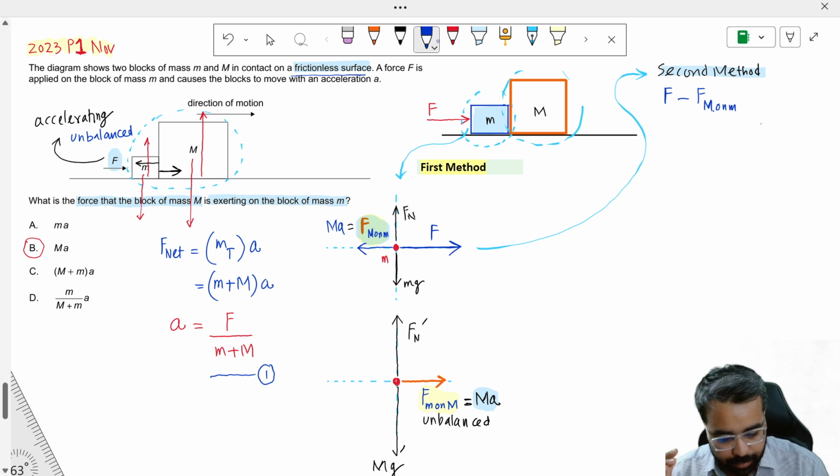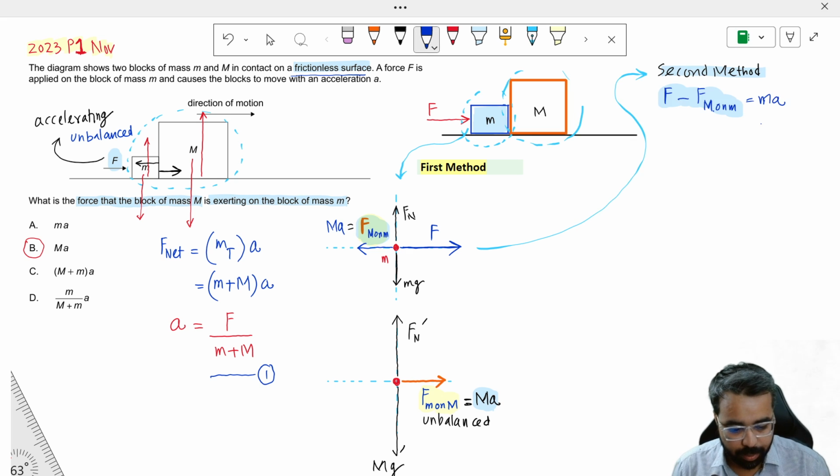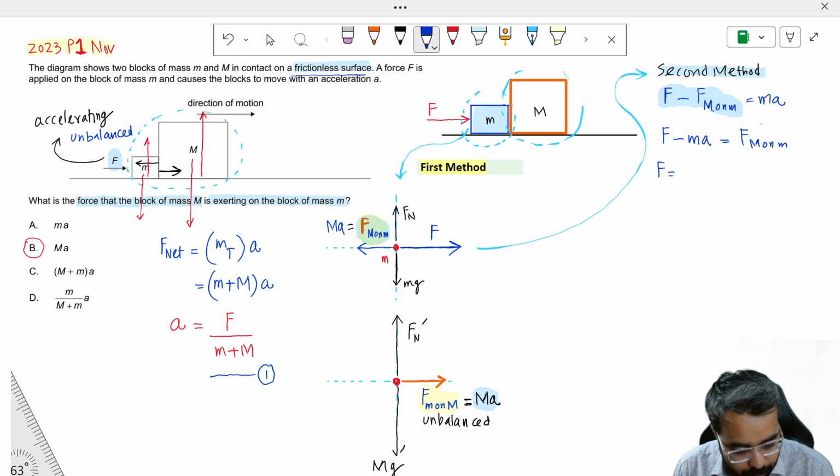All right, this is the resultant force for the smaller block. This is the net force which is causing acceleration in the smaller block. So I'm writing small ma. Okay, so I can write F minus ma is equal to F of M on small m. Right, now you know the value of acceleration, which is actually F over (M + m).